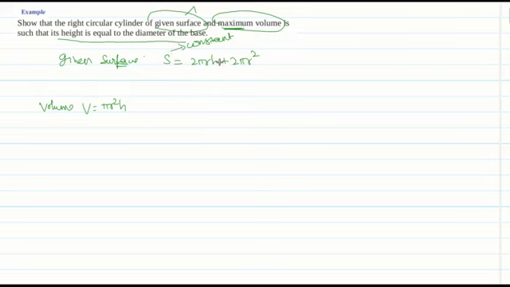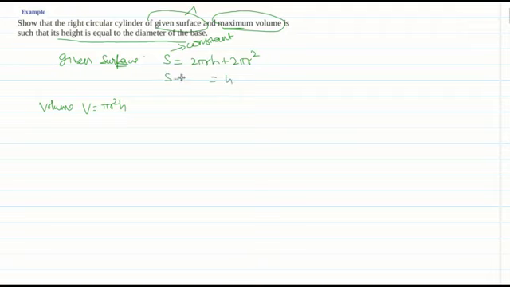So here we are going to find R in terms of H or H in terms of R. Which is better? You have to choose, children. Taking R common and writing R on the left side and everything else on the other side is a little difficult, because we have R square and R. So what we are doing, we are keeping H on one side, then everything comes to the other side.